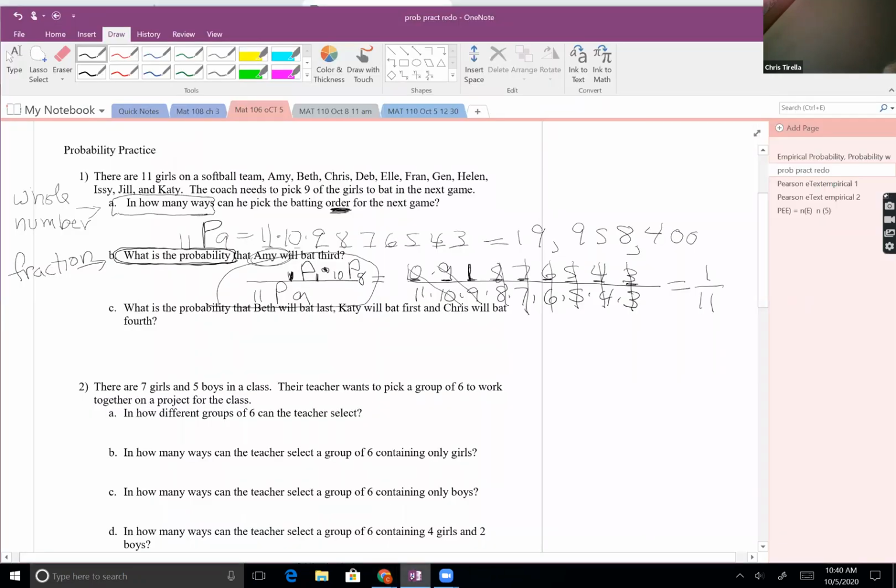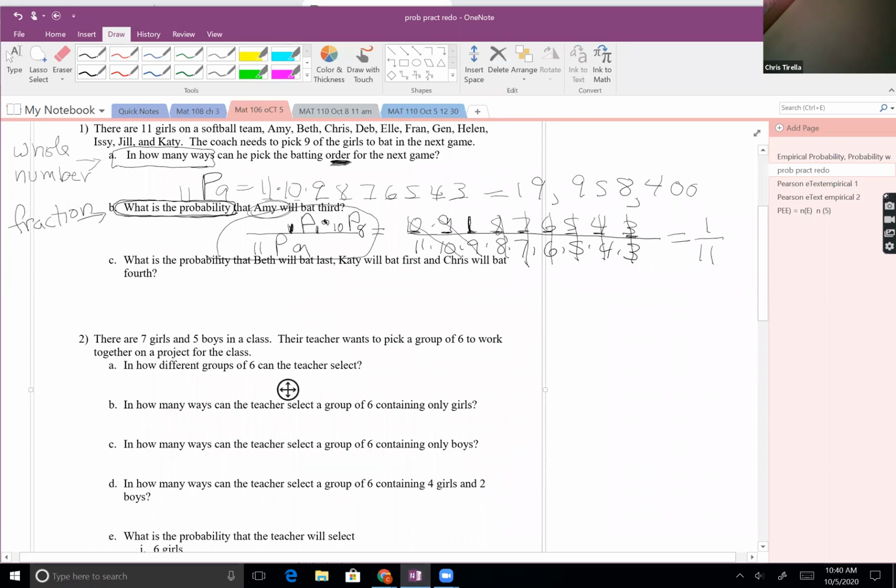So should we look at C? What's the probability that Beth will be last, Katie will be first, and Chris will be fourth? In order to do this, would you rather use the permutation notation or would you rather expand the product and fill in the blanks?